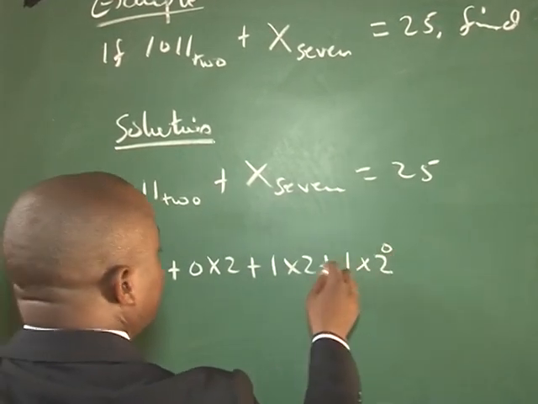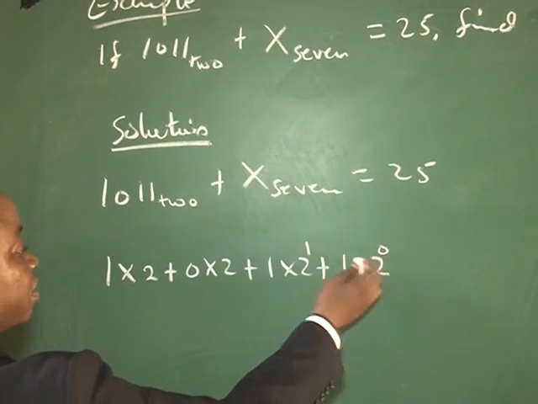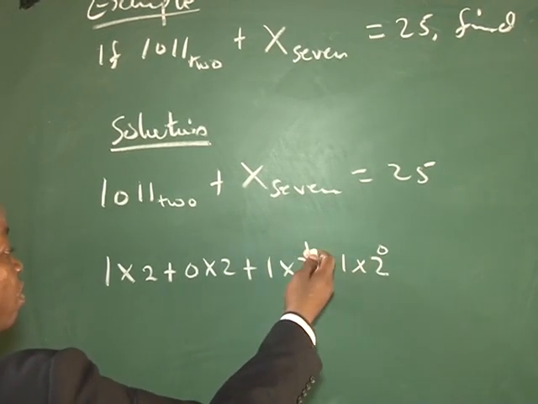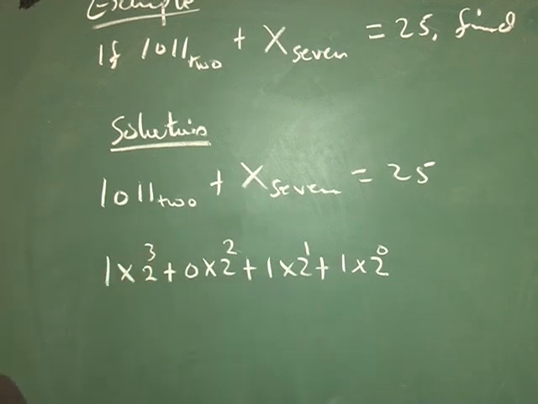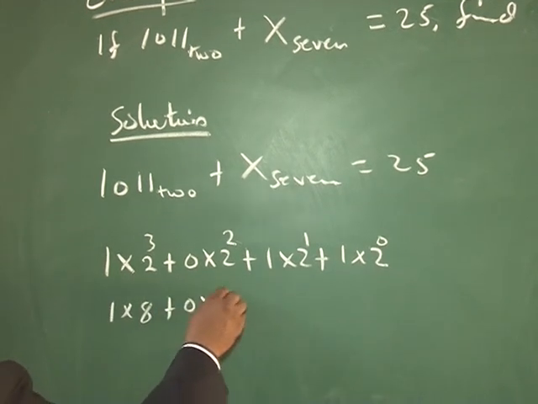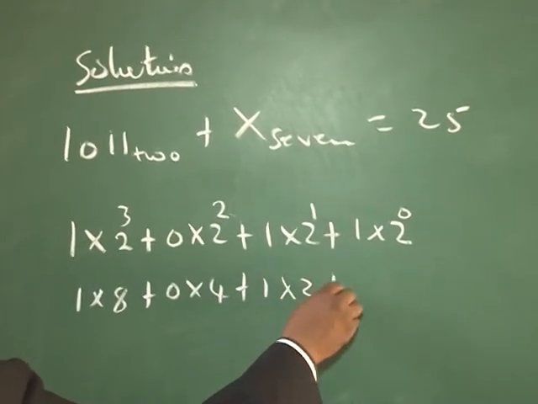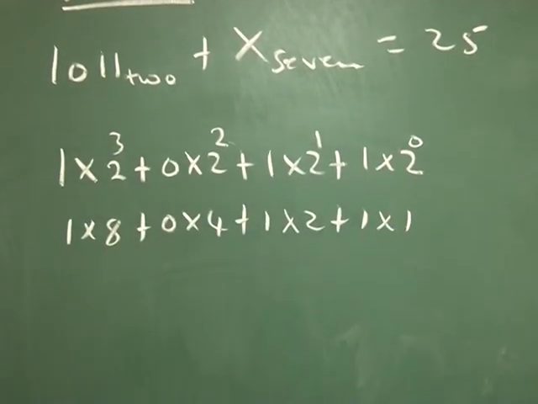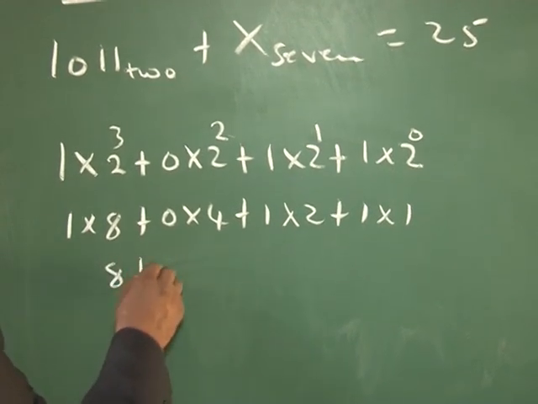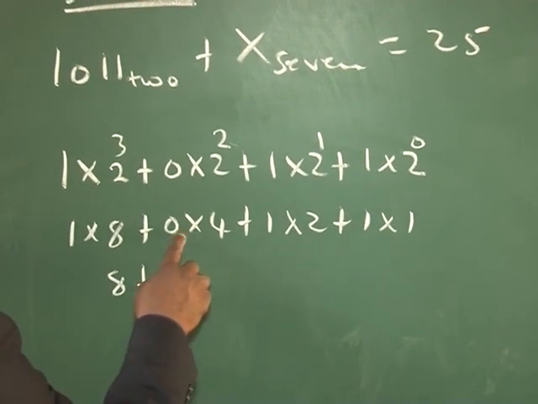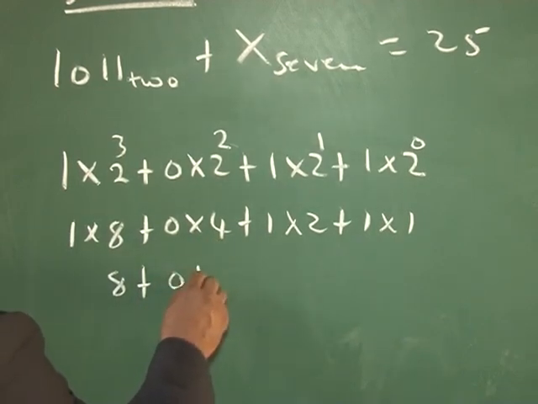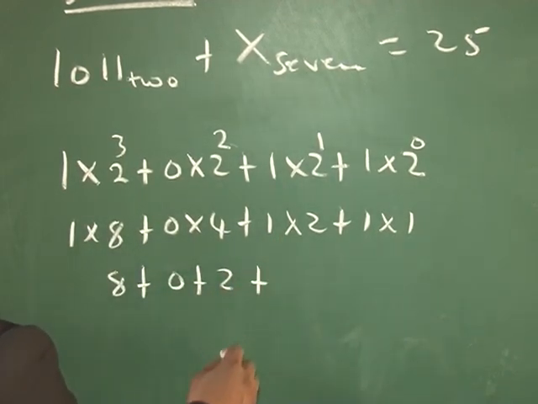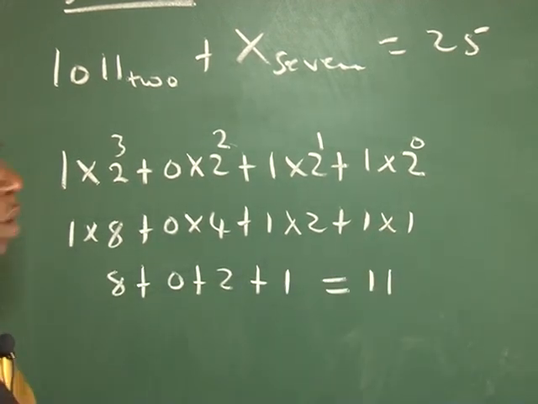Now we raise the base to powers in increasing order 0, 1, 2, and 3. And that will give us 1 times 8 plus 0 times 4 plus 1 times 2 plus 1 times 1. You know that 2 raised to 0 is 1. So this will give us 8 plus, now 0 times 4 is 0. Then 2 plus 1 times 1 is 1. And that will give us 11.